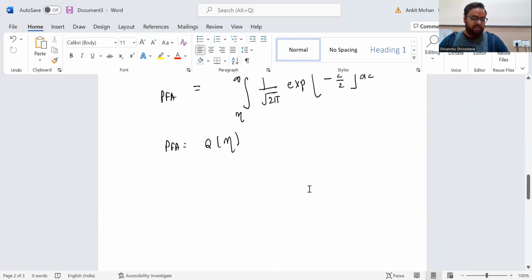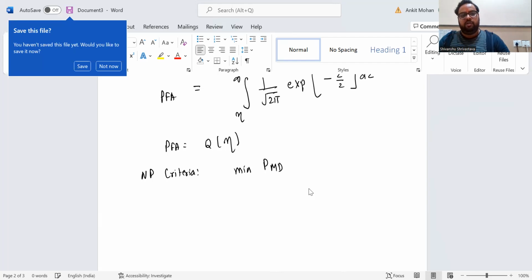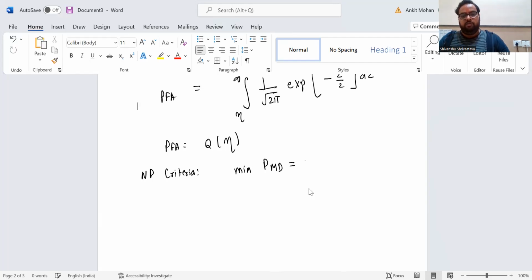The next thing we have here is that, as per the NP criteria, Neyman-Pearson criteria, we want to fix the probability of false alarm and minimize the probability of misdetection. Just remember that we are going to minimize the probability of misdetection. That is nothing but the probability that when H0 was transmitted and H1 was decided.